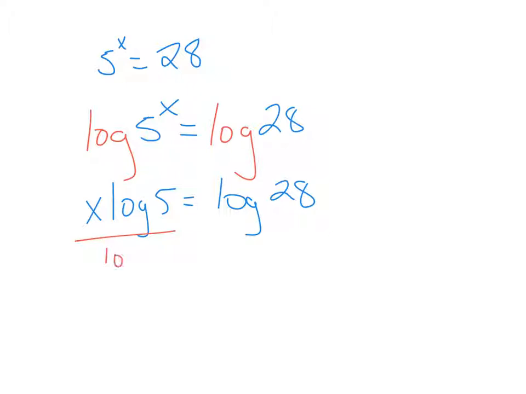Now please be careful on how you put this in your calculator. The way I do it so that I don't have to worry about the parentheses is I just hit log of 28, enter, and it gives you a number, and then immediately hit divide by log of 5.